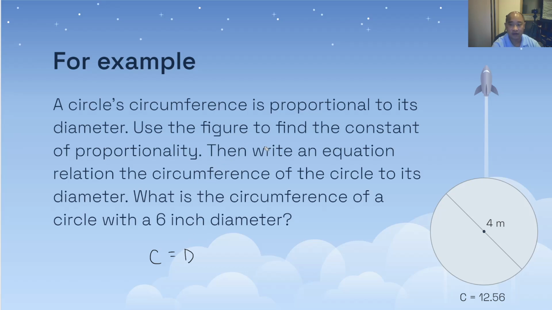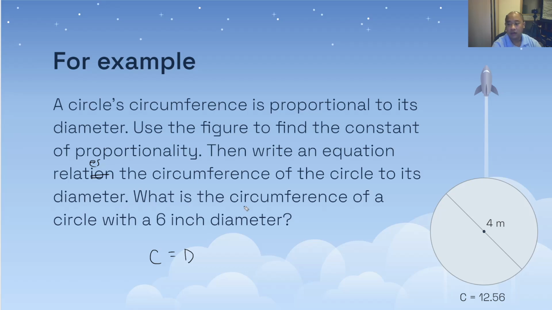Use the figure to find the constant of proportionality. Then write an equation, relation, right? I wrote something here wrong. That relates the circumference. That's what this is supposed to say, relates. The circumference of the circle to its diameter. What is the circumference of a circle with a 6-inch diameter?